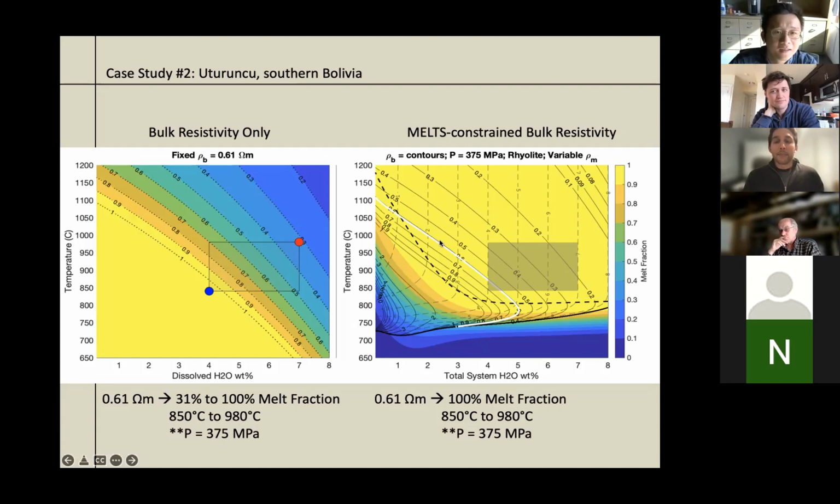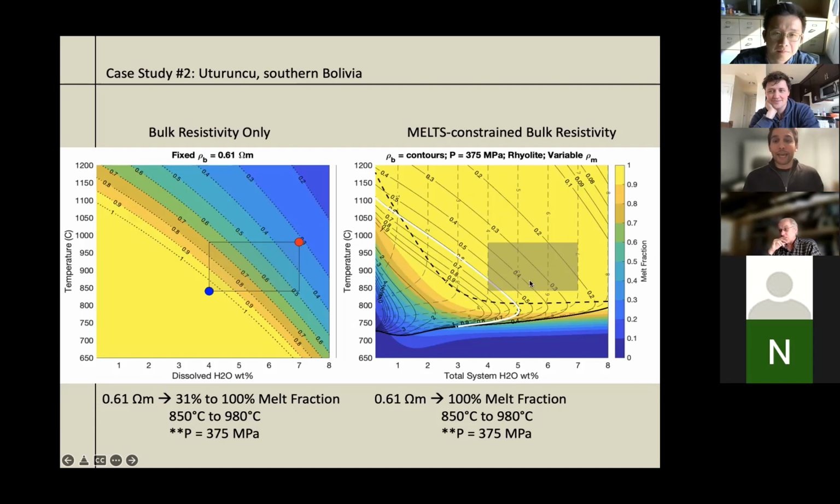immediately? Yeah, maybe I should have clarified that I'm basically showing that something is weird. I'm not at all interpreting this as, okay, this is 100% melt fraction. I'm saying that something about the constraints or about the MT has to give to make this lower, because it's just so unlikely that you have 100% melt, right?